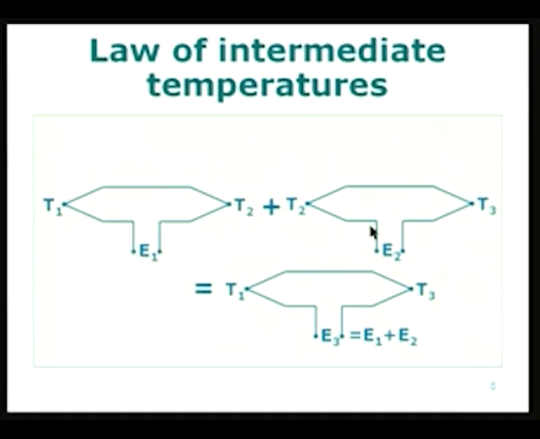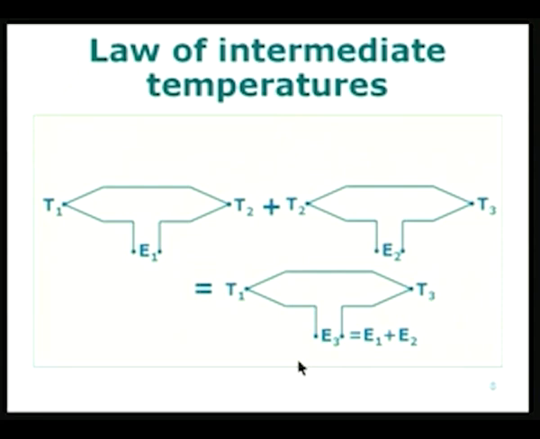I have another arrangement in which the junctions are at temperature T2 and T3, and I measure the voltage or the electromotive force as E2. Now, if the junctions are at T1 and T3, here T1, T2, T2, T3, so now I make it T1, T3. The electromotive force appearing across the junction, E3, is the sum of these two, the sum of E1 and E2.